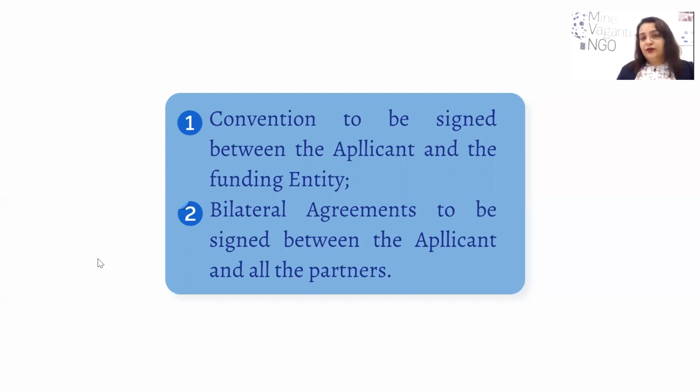And then the second step, of course, is to create some bilateral agreements, documents between you as applicant and, of course, your partners. So you already basically decide what will be the responsibilities and tasks during the design of the proposal, but now that is approved, you need an official document that is stating what is the role and responsibility of everybody.